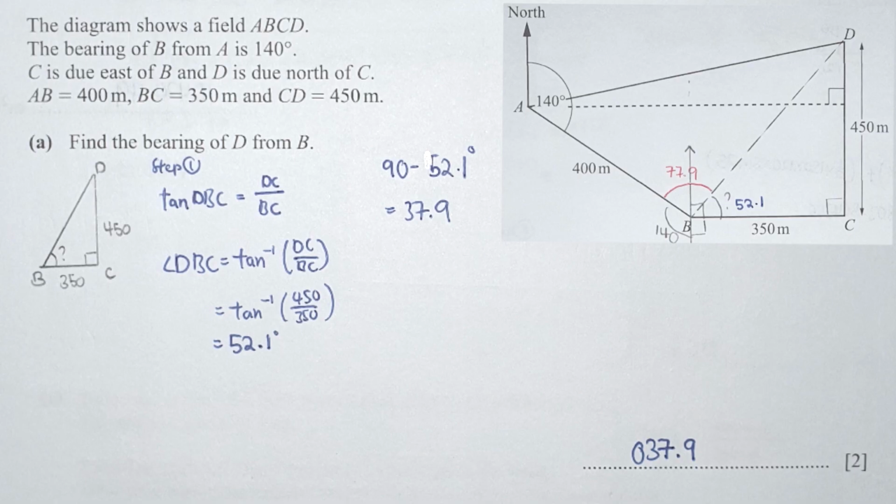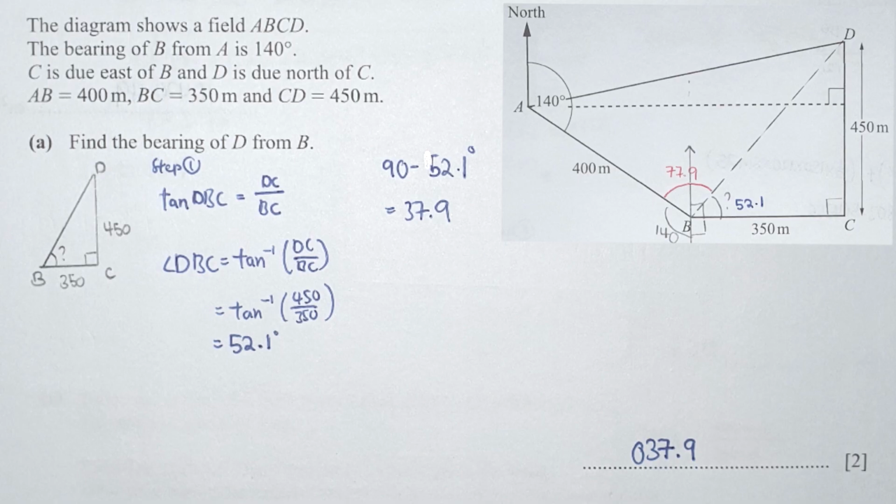Since I know that it is a right angle triangle, I can identify the degree information first. So tangent DBC equals DC over BC, I gotten 52.1. But this is actually not what they wanted, because they wanted the bearing of D from B itself.